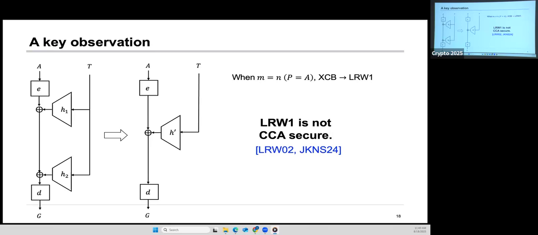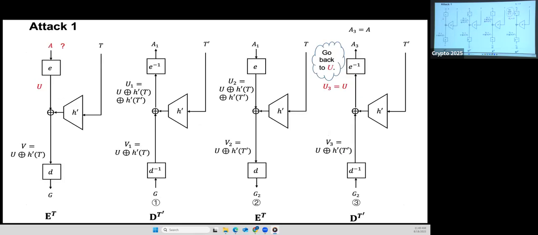A key observation is this: when XCB processes a single block message, it behaves just like LRW1, a tweakable block cipher constructed from a block cipher, known to lack CCA security. So, attack 1.